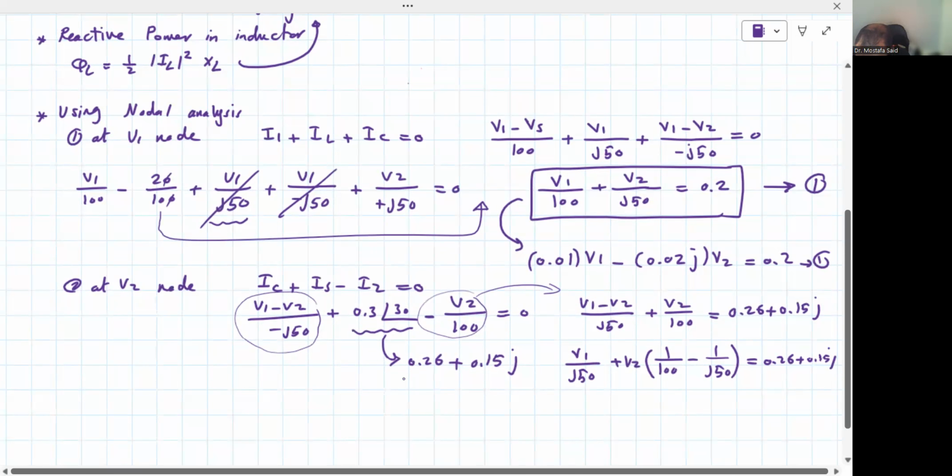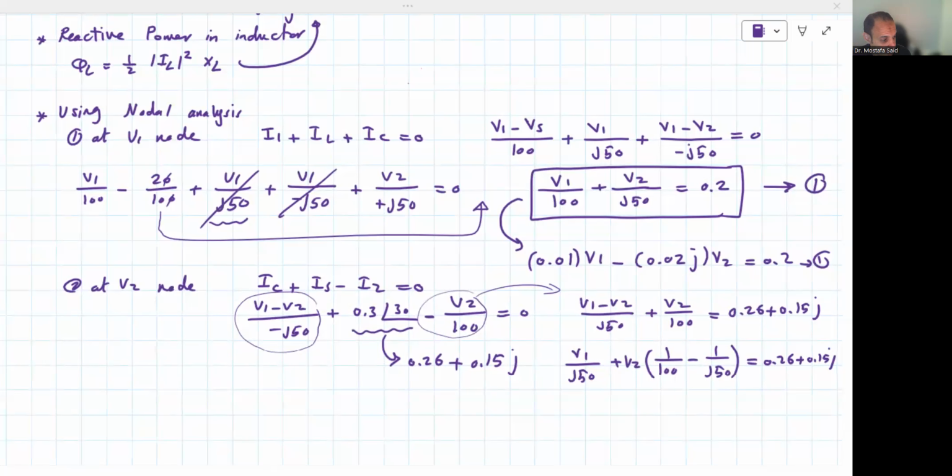So okay, what should we do? We should simplify this. So let's simplify it. So where is the calculator, guys? Calculator. Yes. Okay, let's bring that.